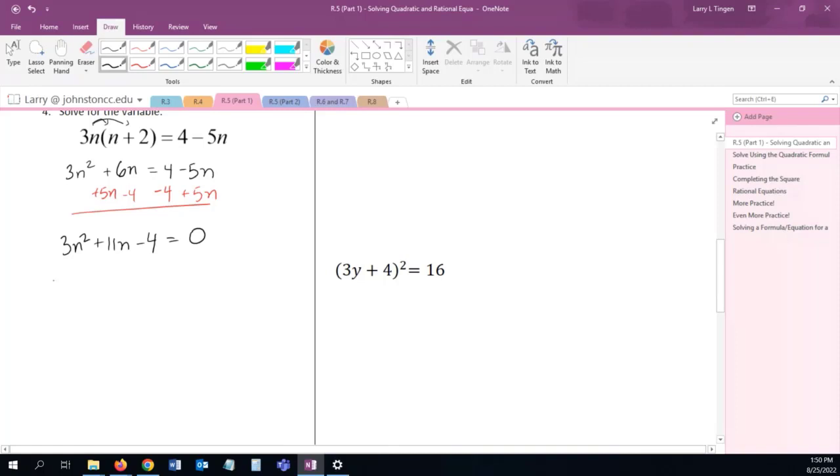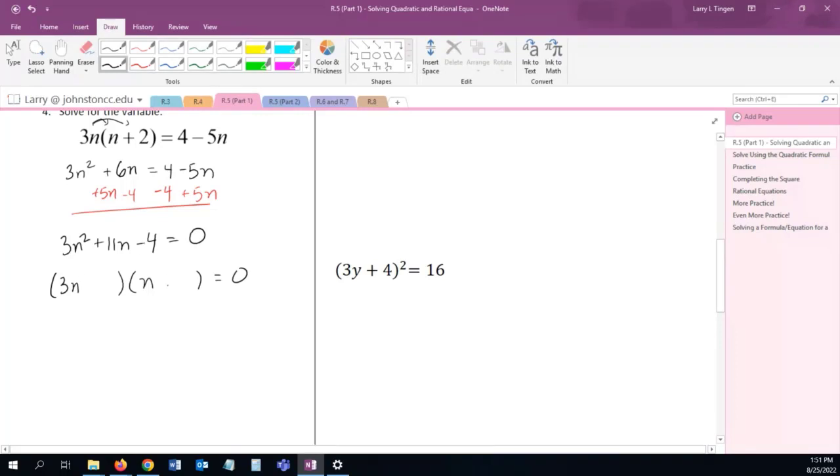Well, this factors. You can do this with the bottoms up method. You can do this in a whole bunch of ways, but this factors into 3n and n. Leading coefficient is prime, so I can get these with ease. It's got to be 3n and n. The last two multiply to negative 4, so these two numbers are either 2 and 2 or 1 and 4.